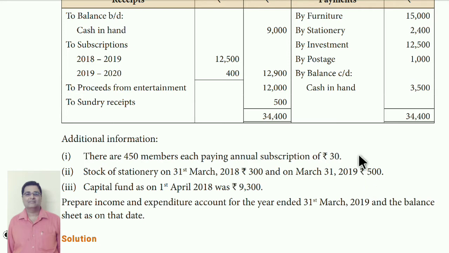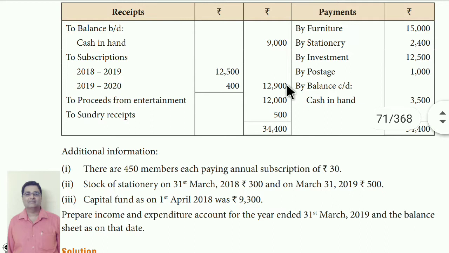Where is the stationery? Stationery is given in the payment side. So stationery purchase 2400. So this is the adjustment. So this 2400 we have to write in the expenditure side because we purchased the stationery.